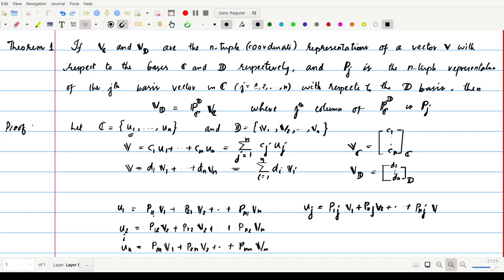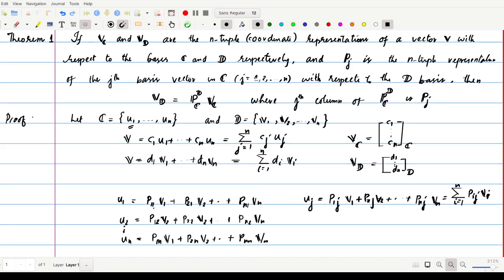This is the expression for uj in general, and in summation form it is the sum from i equals 1 to n of pij vi. If you expand this, for i equal to 1 we have p1j v1, for i equal to 2 we have p2j v2, and so on. So this is the general expression for uj.